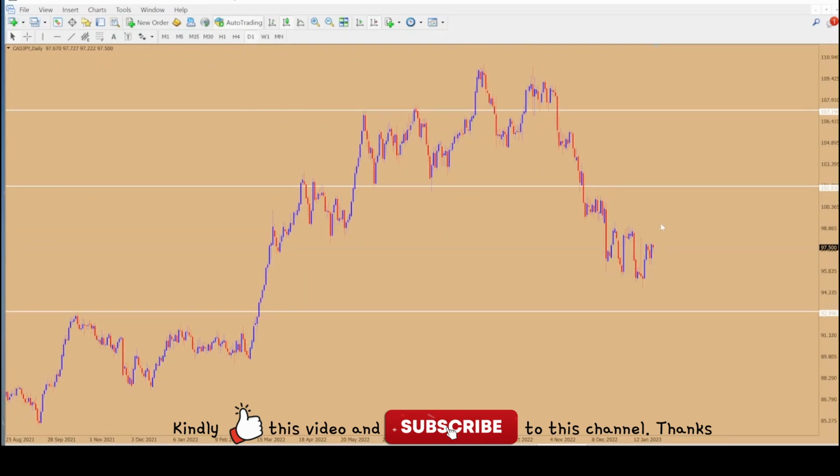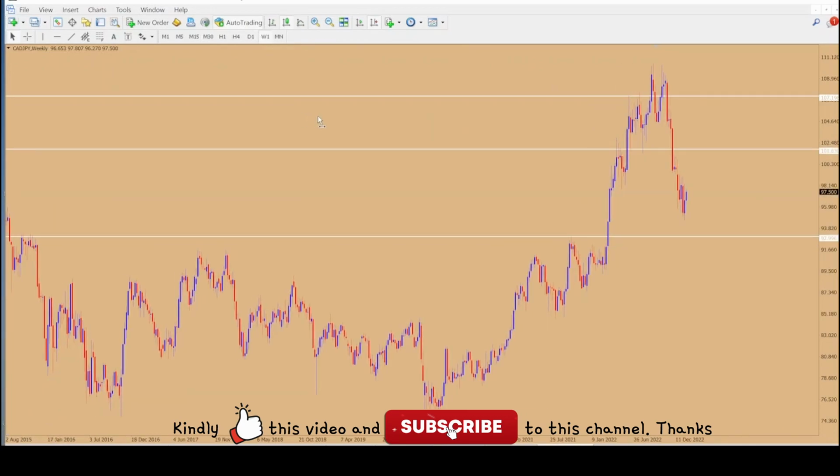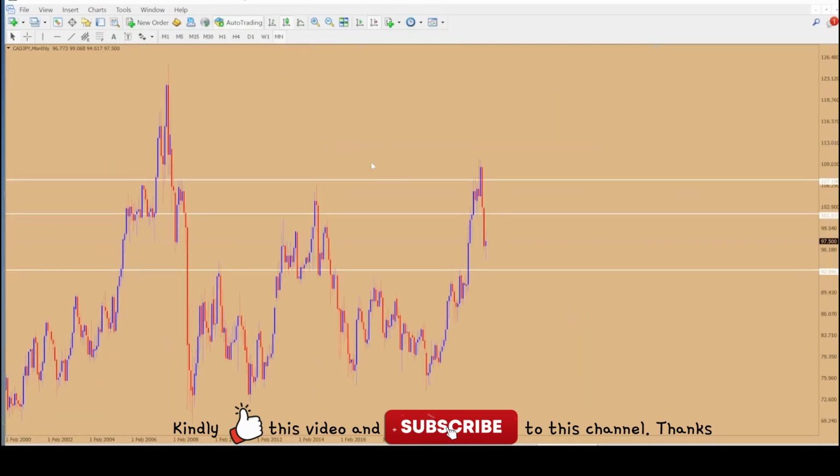But I can tell you that the market is trying to make lower lows. It's been bullish for some years now, I think, so I believe the market is trying to make lower lows.